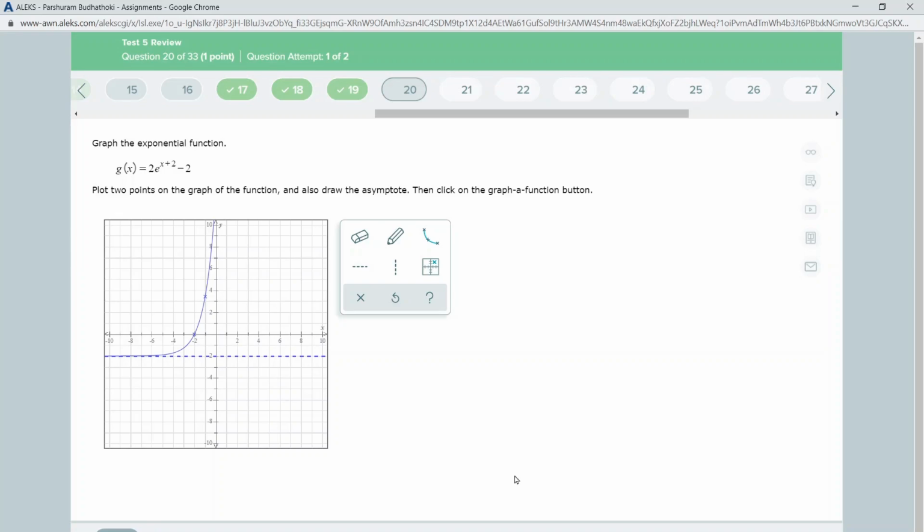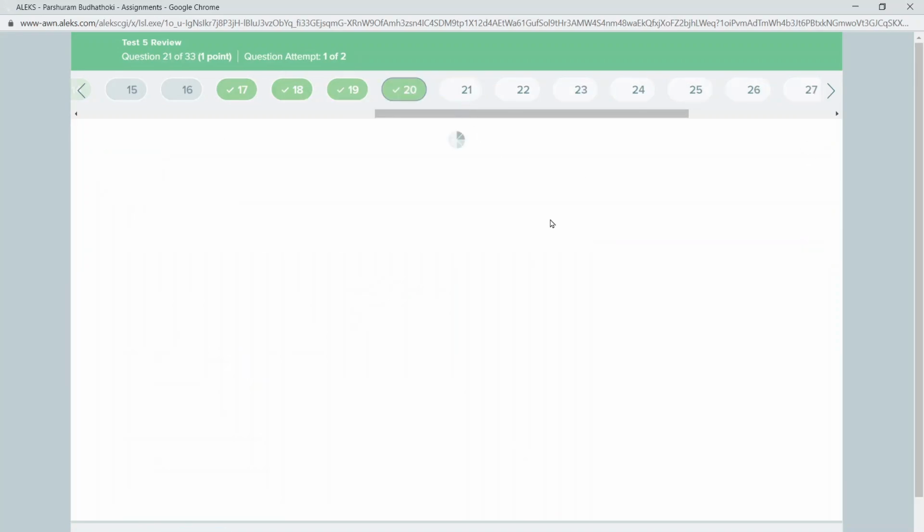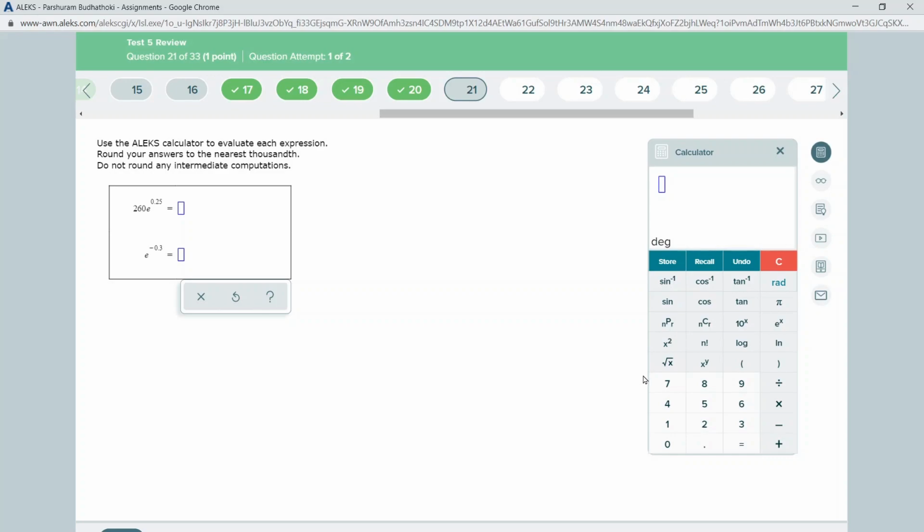Okay, correct. Let's go to the next problem. For finding the value of this thing, it's very easy. Just use this calculator. 260 times e to the power 0.25, and that is 333.844.